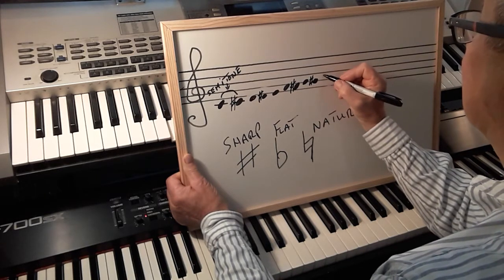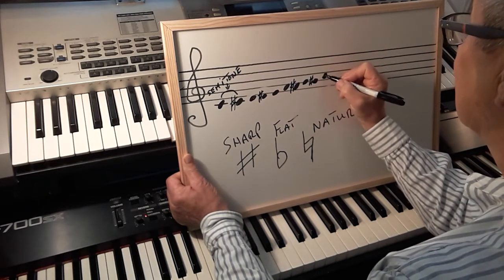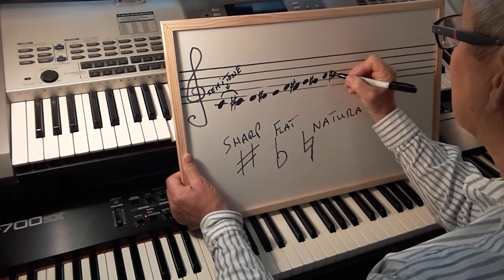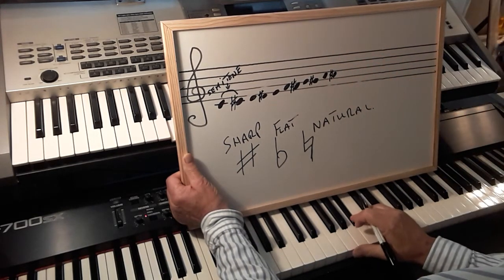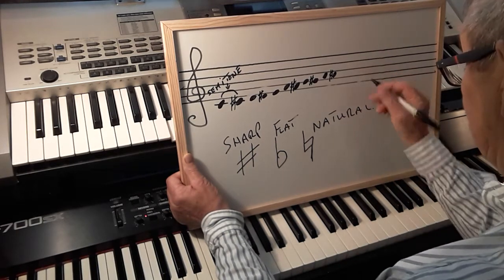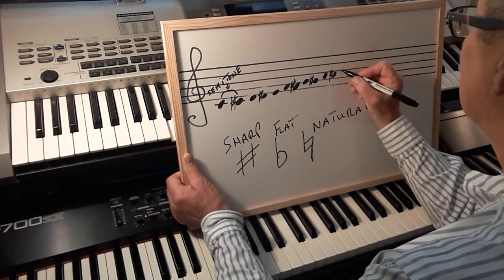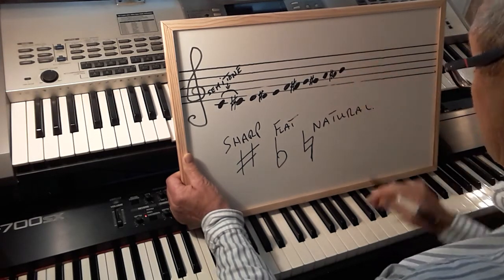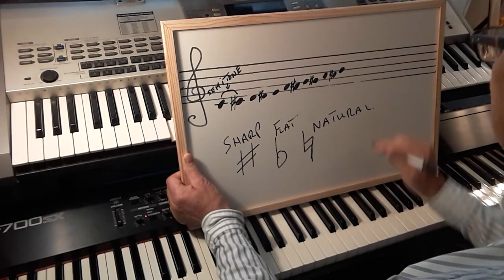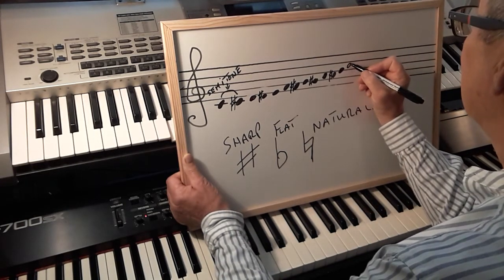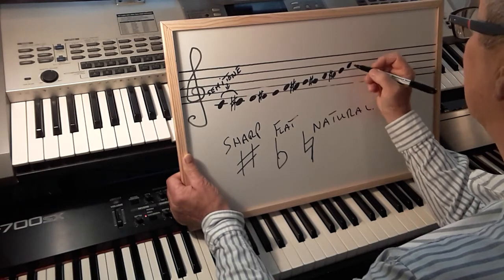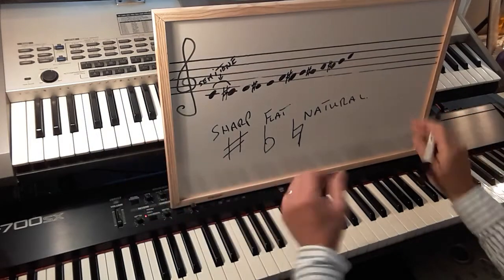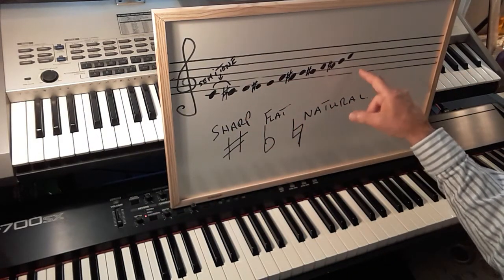G sharp, then from G sharp to A, and then we want A sharp, which would be on the black note there, and then we'd want B. A sharp to B, and B to C. And we've already got that semitone that we want there, B, C. So now we've arrived 8 notes higher from where we were.